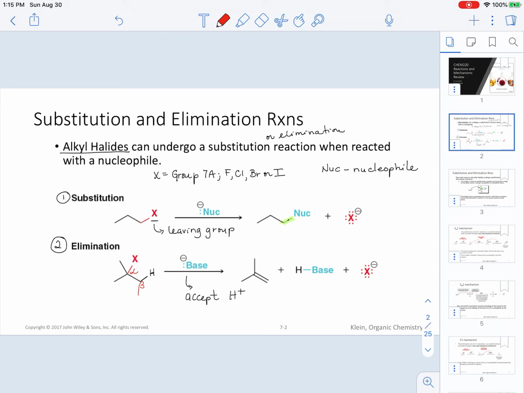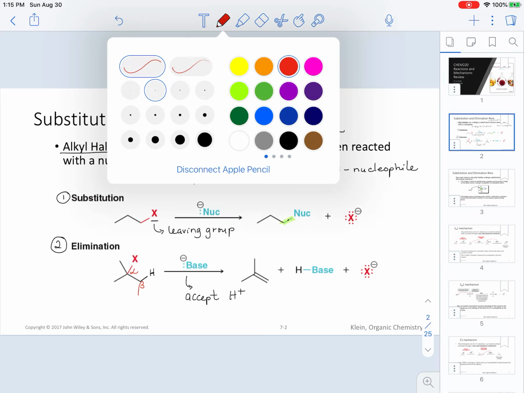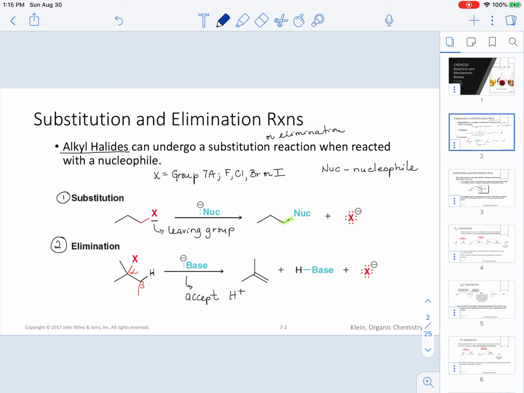So understand that when it comes to these reactions, the product of an elimination reaction is going to be an alkene. And that's always going to be the case. We're going to have a protonated base, which is the second product that you see. And lastly, we're going to see the anion of our halogen.